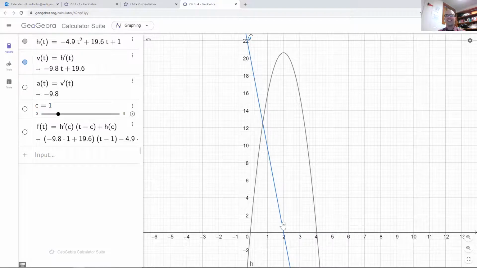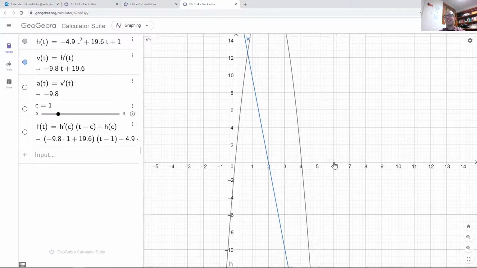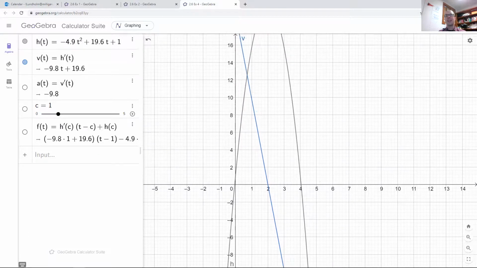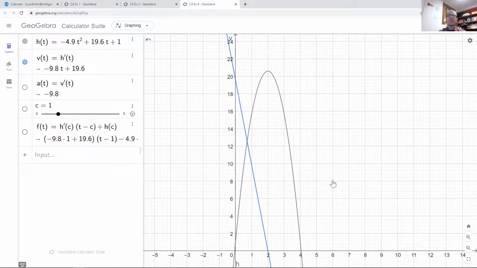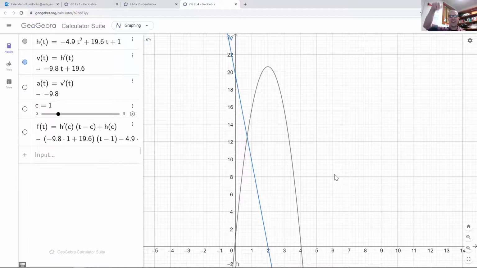And then the velocity gets to 0 when it reaches the peak, and then the velocity becomes negative as it approaches the ground. So the velocity has changed direction and is now going down. So those are some cool things to look at with the velocity. But just for funsies, I took the derivative of the derivative.